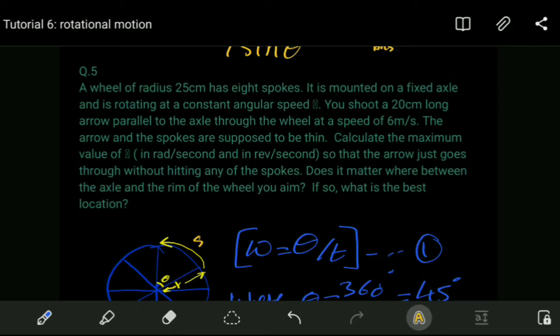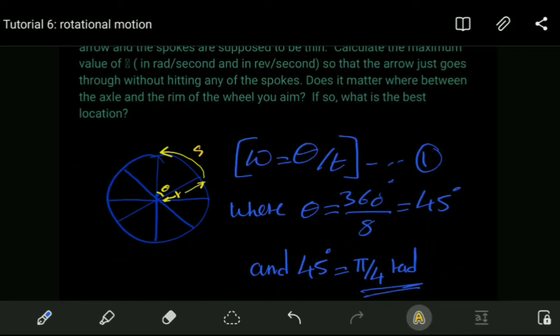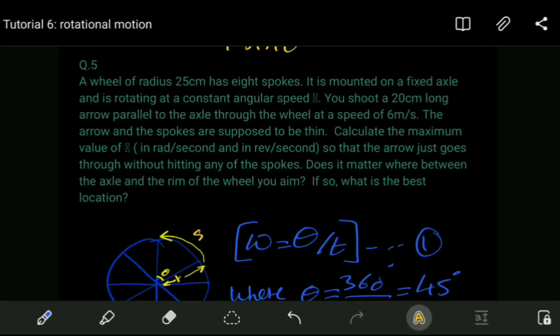So we are going to consider the displacement first. We know that the angular speed is given by displacement over the time.